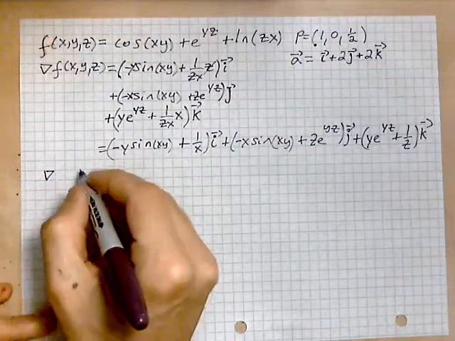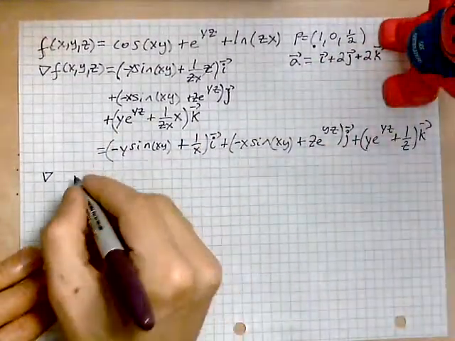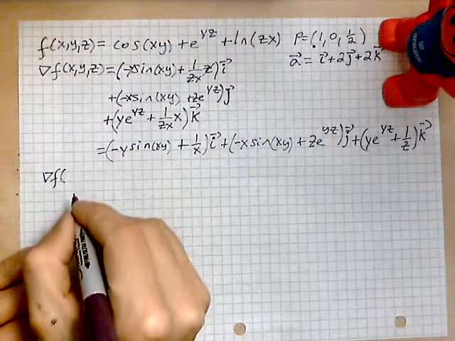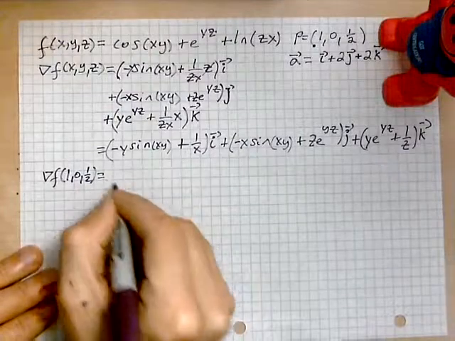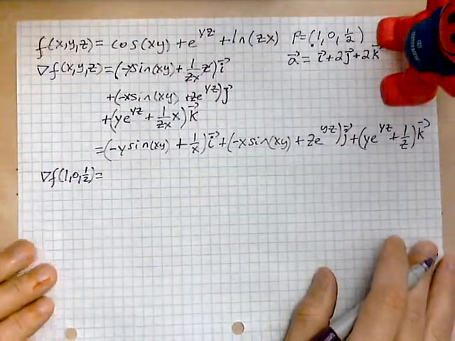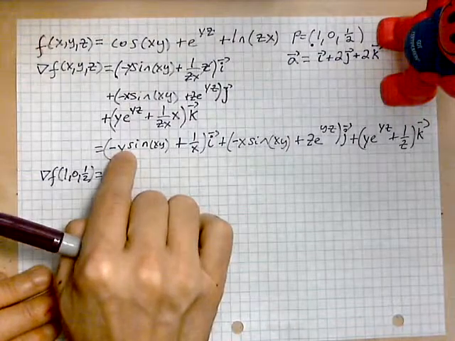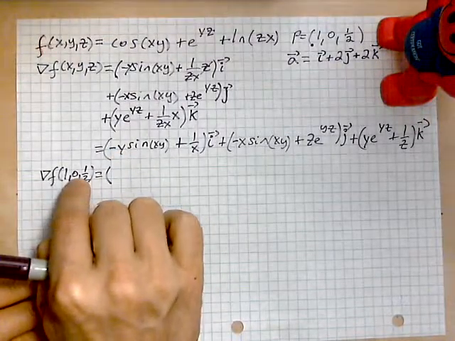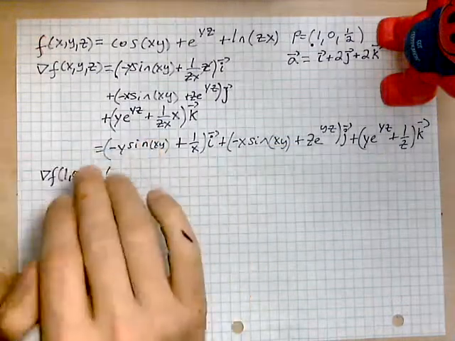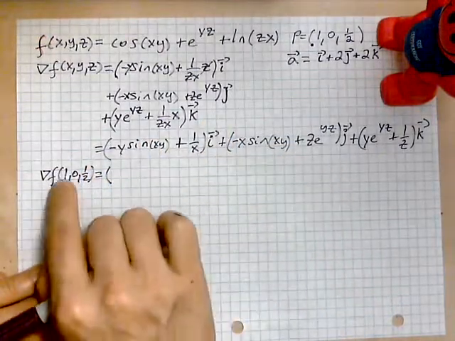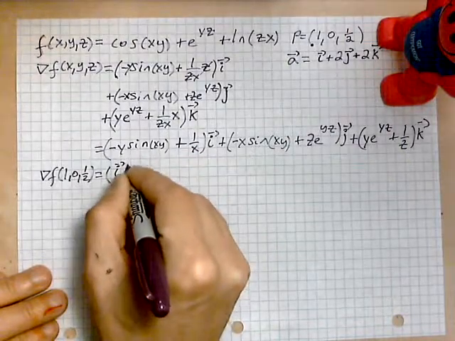So the gradient evaluated at the point 1, 0, 1/2. Okay, that will take a couple of minutes. Negative y, so that's 0 times sine of 0, that's all 0. So that goes away. Then you have 1 over x, but that's just 1 over 1. So all that remains, thankfully, is just a single i.